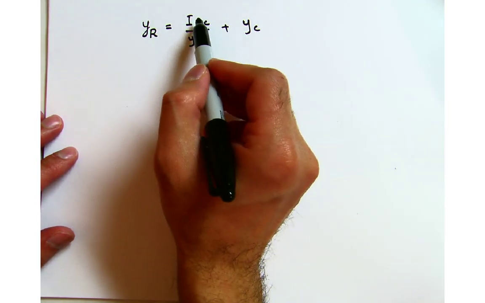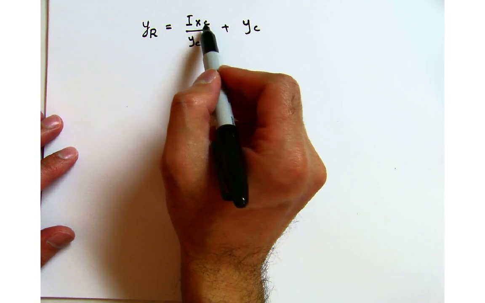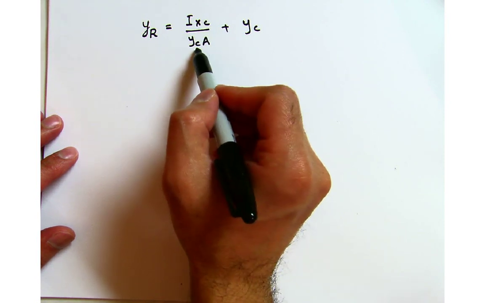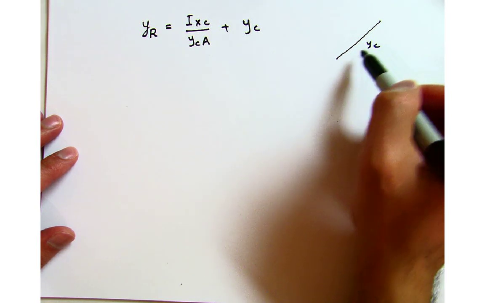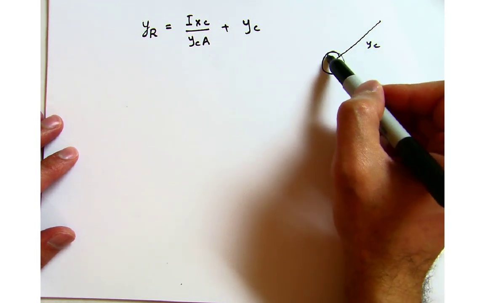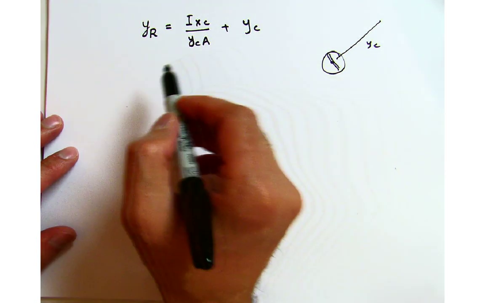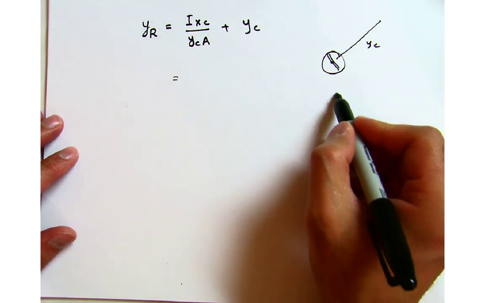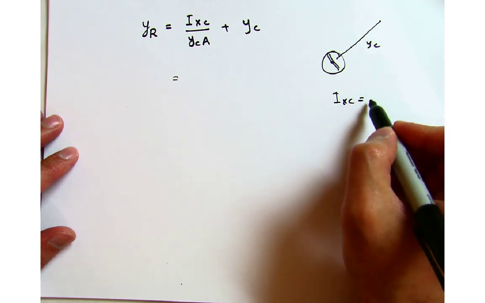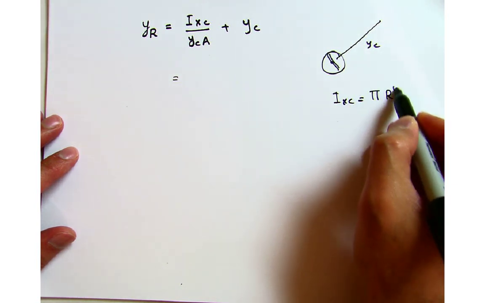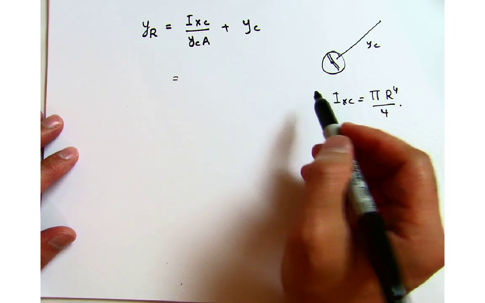Ixc is the second moment of area from the centroid, and then yc is the distance from the O to the centroid of this shaft, or like this disk. So Ixc for a circular shaft is basically pi r to the 4 divided by 4. So we can find that quantity.